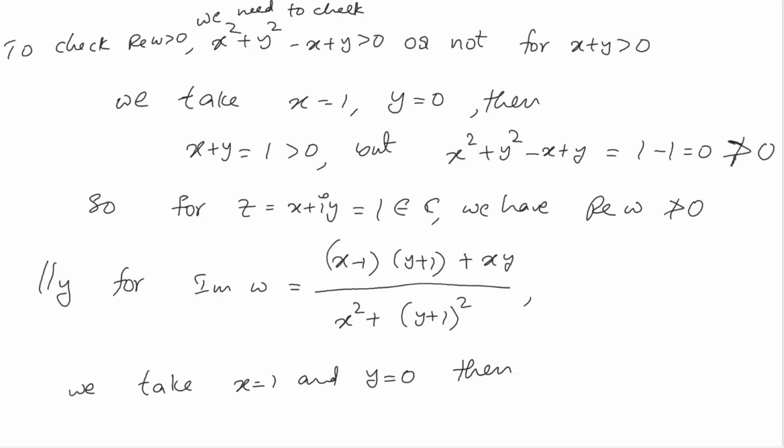Then we get x minus 1 times y plus 1 plus xy, which is again 0, which is not greater than 0. So for the complex number z equal to x plus iy, which is 1, imaginary part of w is not greater than 0.